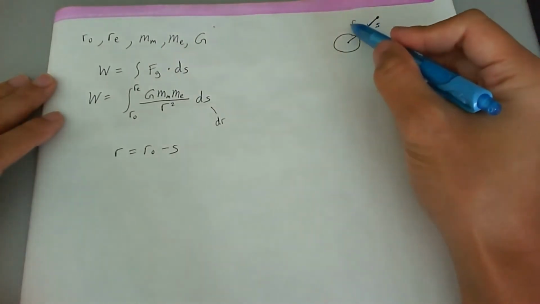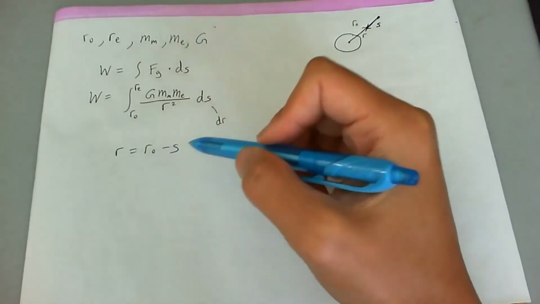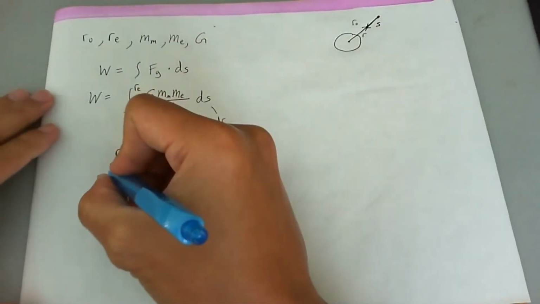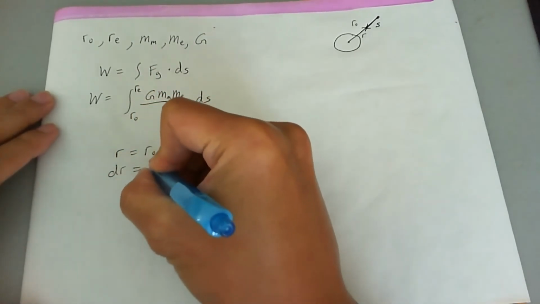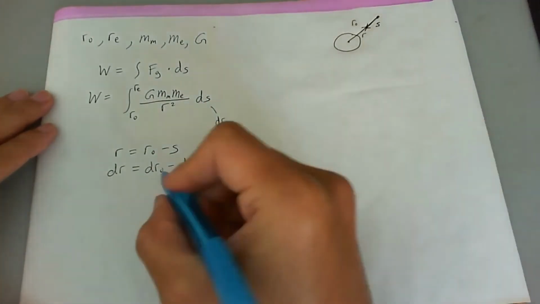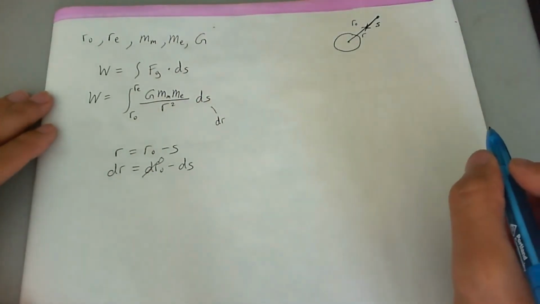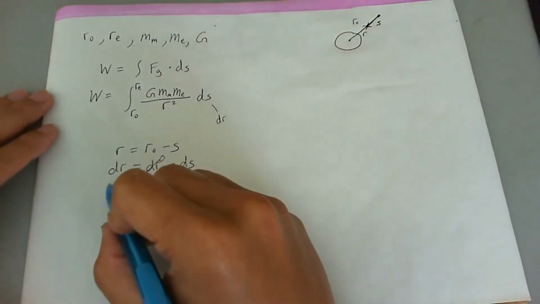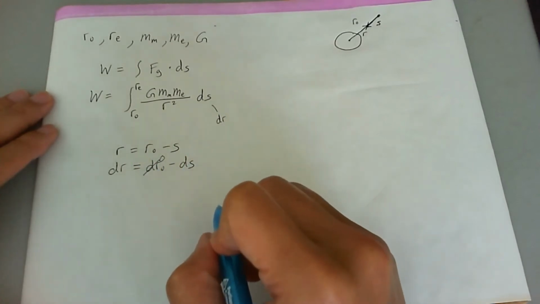Since R plus S is equal to R naught, then R is equal to R naught minus S. So therefore, dr, which is what we want, is going to equal dr naught minus ds. R naught is a constant, so there is no infinitesimal change happening there. So dr is equal to negative ds, and therefore ds is equal to negative dr.